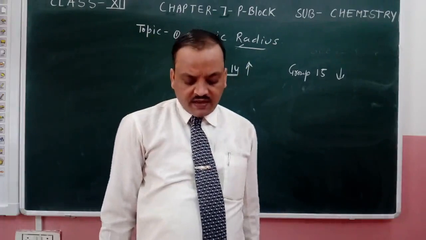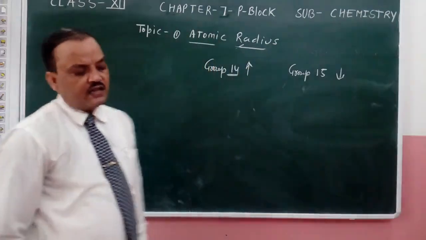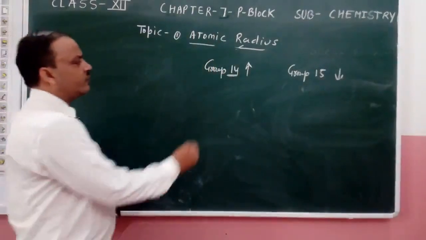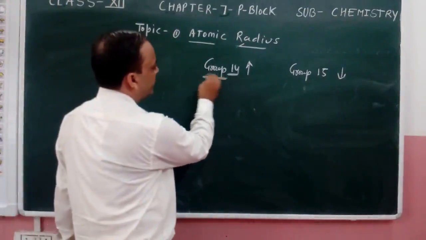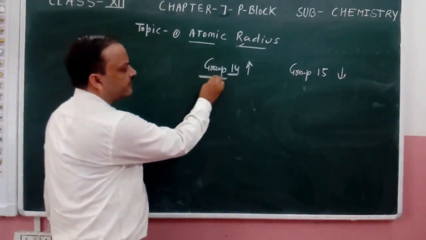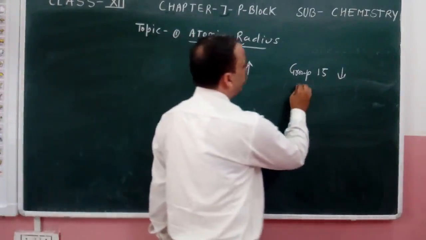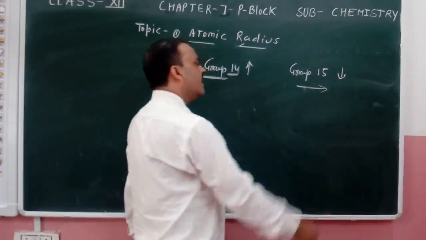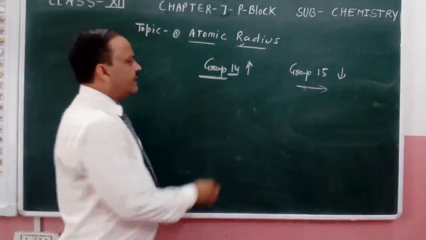What is the reason for this? Group number 14 comes first and group number 15 comes after it.